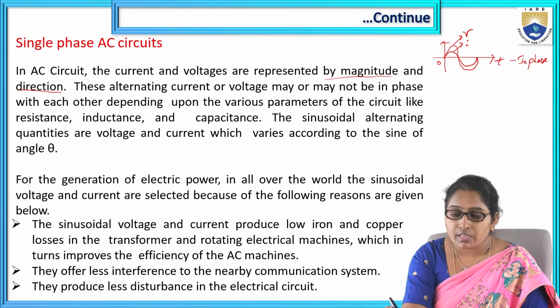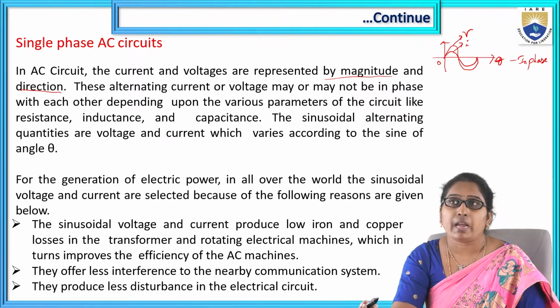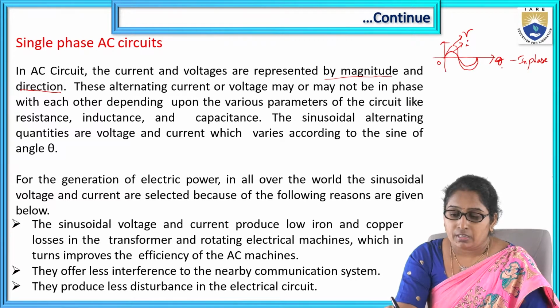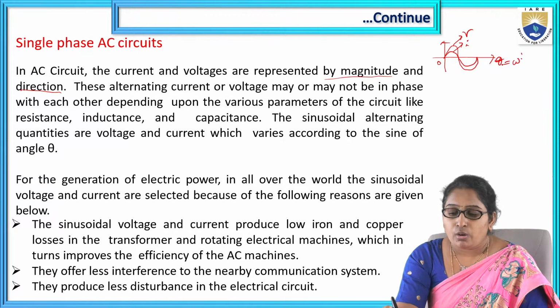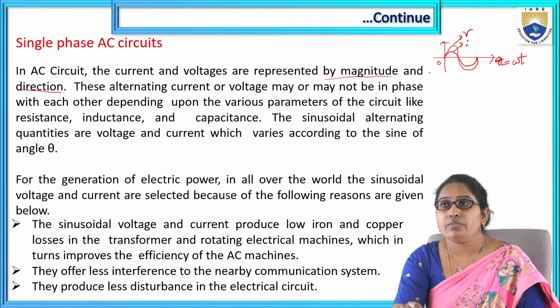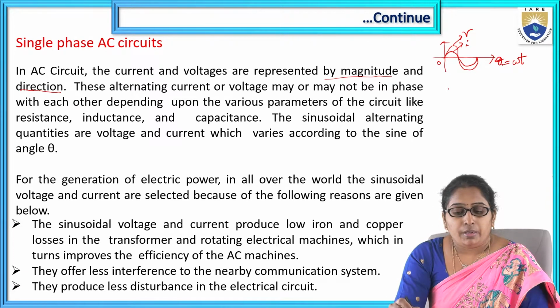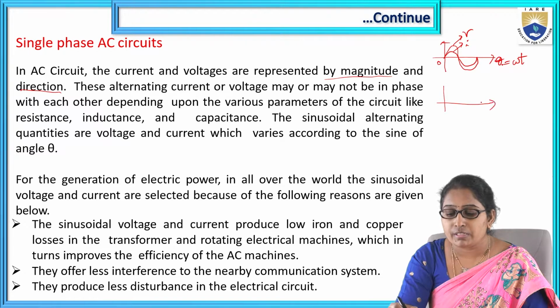If we take this as the angle on the x-axis, on the x-axis usually it may be time or angle. The angle is nothing but theta, which is equal to omega t. So this is how in phase voltage and current look. Out of phase means they are not in phase.